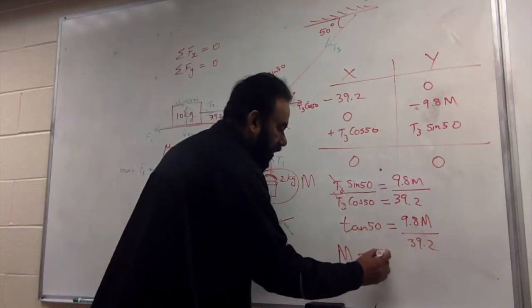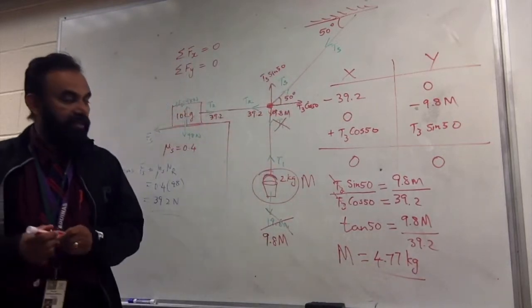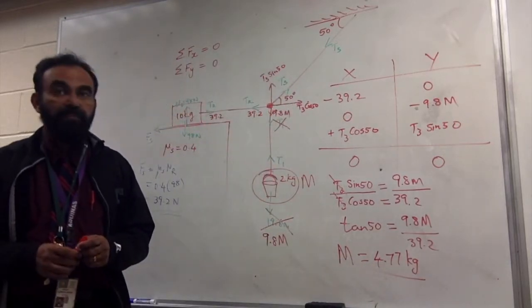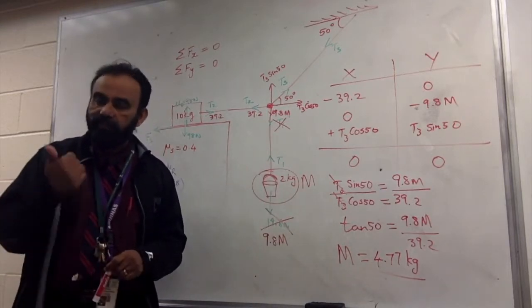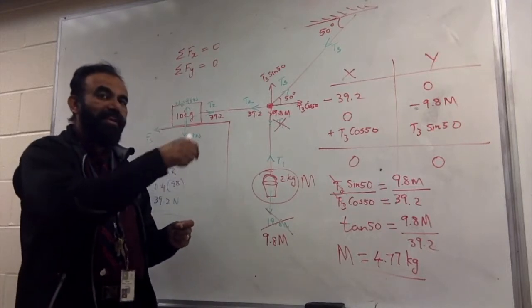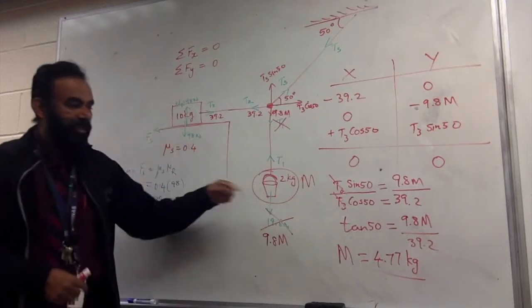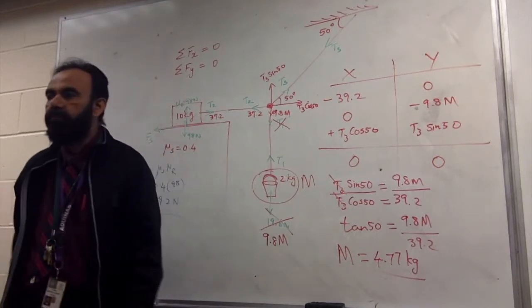So 4.77 kilograms is what you end up getting for mass. Mass of the whole thing. So how much sand has to go in? 2.77. That's it. If you keep adding sand, as soon as you reach 2.77 kilograms of sand, it's going to slip.